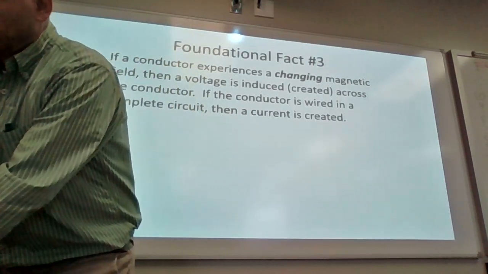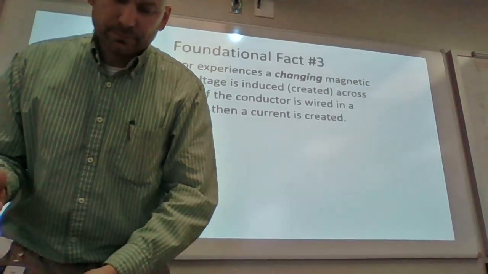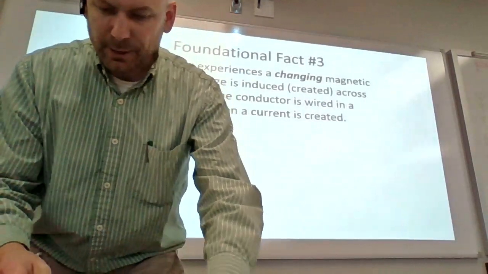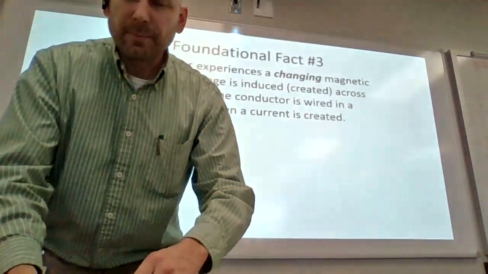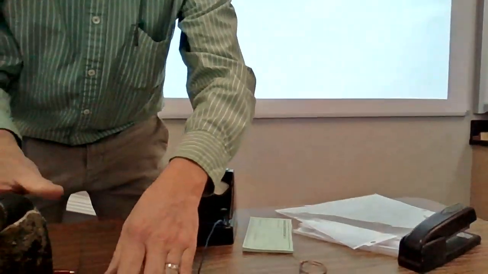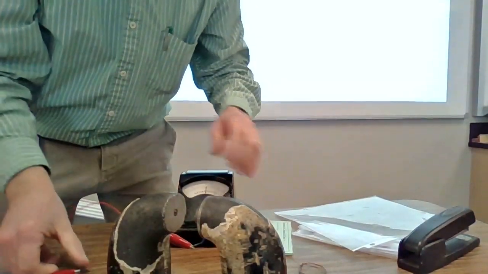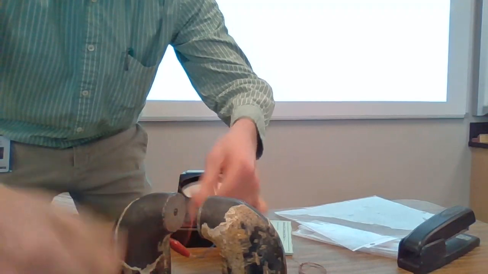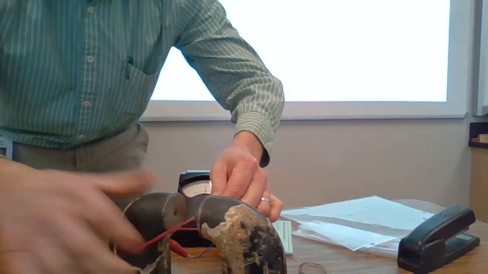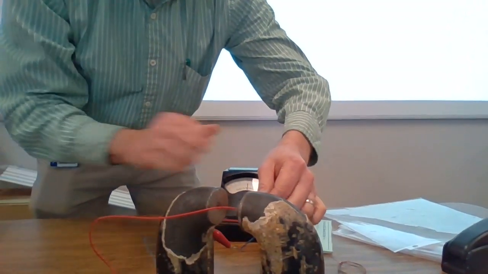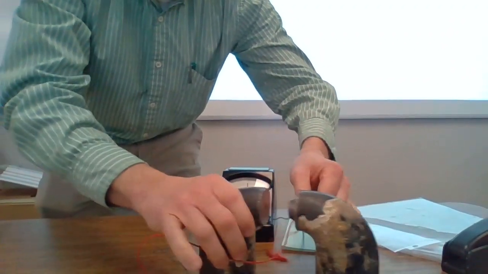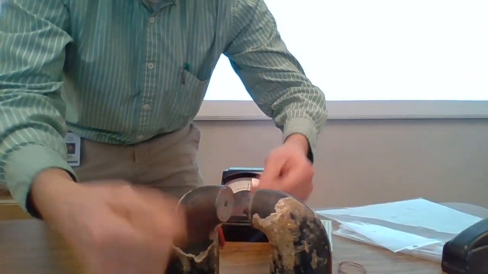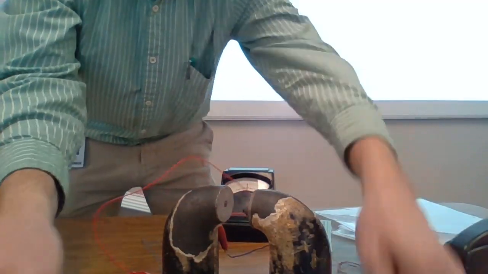But you can also have a conductor experience a change in magnetic field by, we take our big horseshoe magnet and watch the needle behind my hands. It moves ever so slightly.